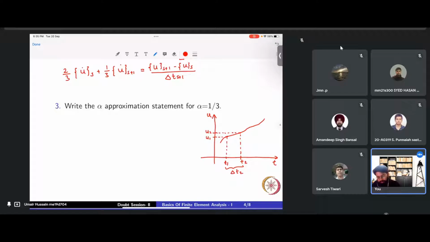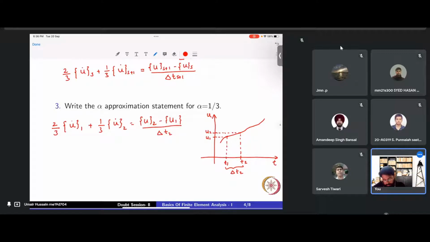What this essentially means is you can write this thing as 2/3 of u dot 1 plus 1/3 of u dot 2 is equal to (u2 minus u1) upon delta t2.